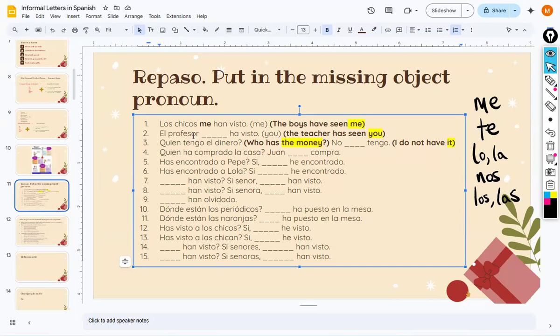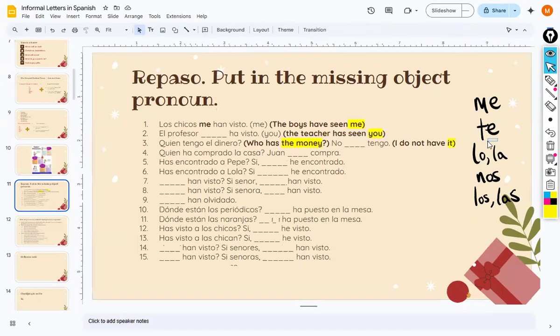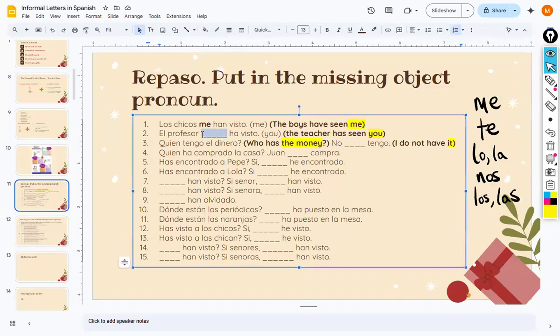El profesor, the teacher, has seen you. So what is the object pronoun for you? Te, right? So el profesor te ha visto.